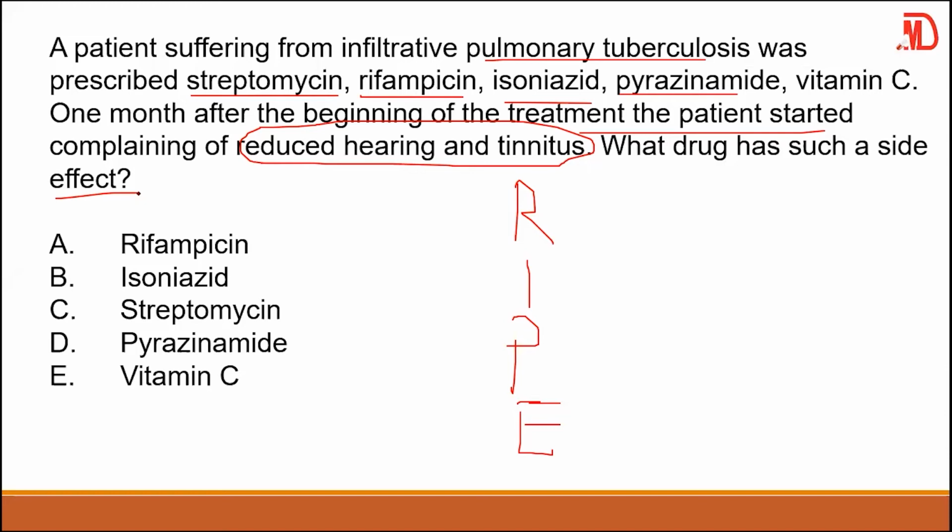So it can even lead to renal toxicity and cardiac toxicity and stuff like that. So please take note, hearing loss can happen like that. All right. So the answer here is C, streptomycin. Now in isoniazid, you're thinking of more of neuritis. All right.